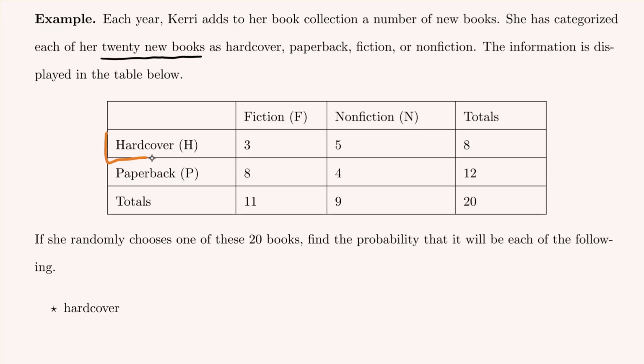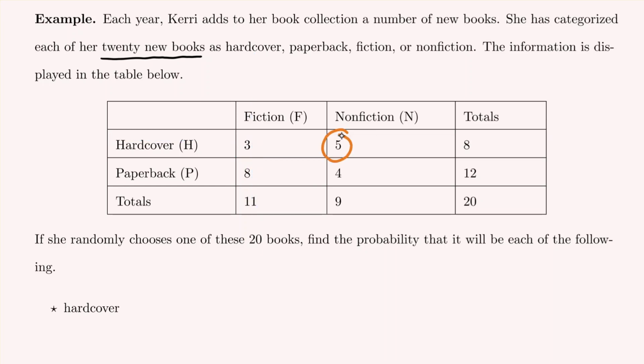What we see here is the books are split between hardcover and paperback. Those are two distinct categories because a book's either hardcover or it's paperback. But within the hardcover books, we could have books that are fiction and nonfiction. So this 3 is the intersection of the fiction column and the hardcover row: she has 3 books that are hardcover and fiction.